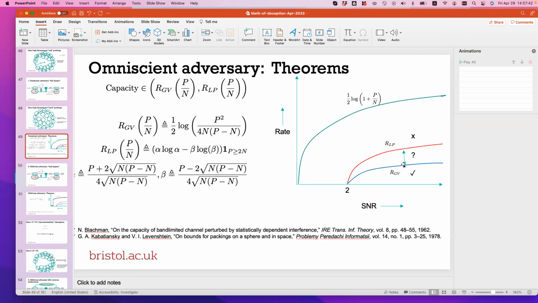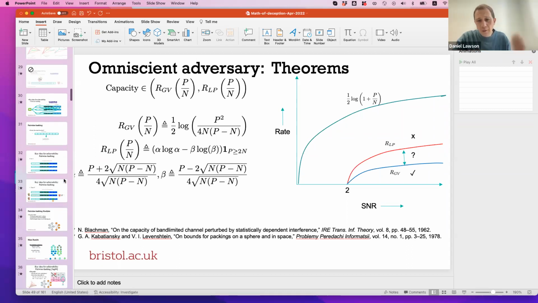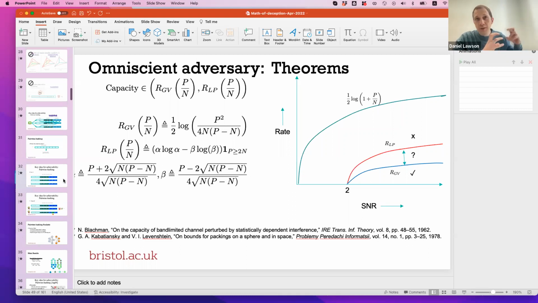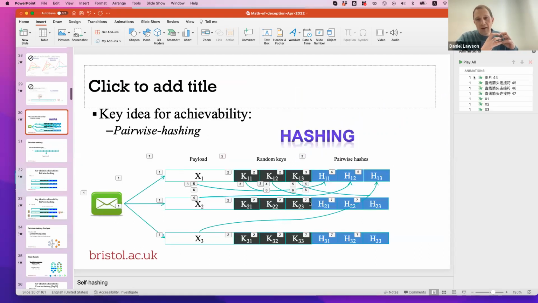Yeah. So my question was about the hashing that you introduced. Specifically, I thought that one of the main vulnerabilities that this system you were describing had was the linearity in the coding at the beginning, right?